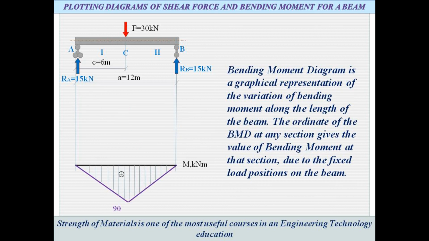The bending moment diagram is a graphical representation of the variation of bending moment along the length of the beam. The ordinate of the bending moment diagram at any section gives the value of bending moment at that section.